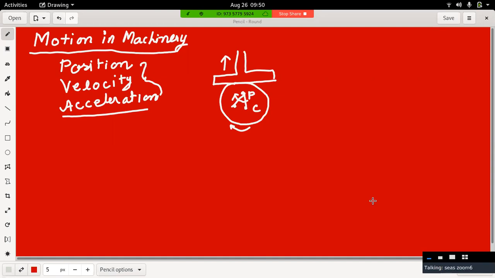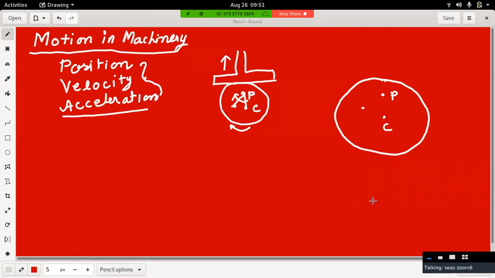So I'm just trying to elaborate a bit. So this is the cam, this is the earlier center C, this is the pivot point P, and after the rotation the C has come to here.